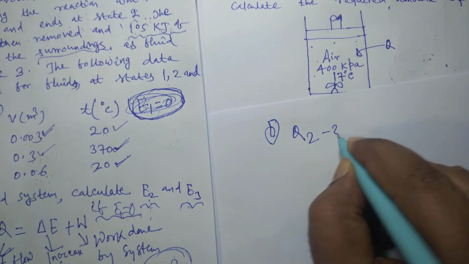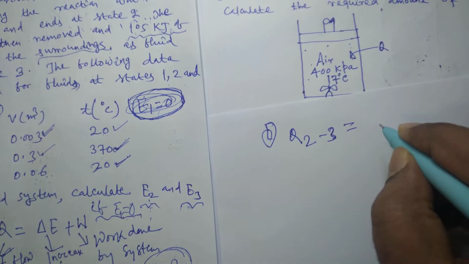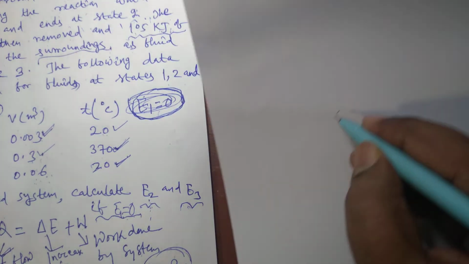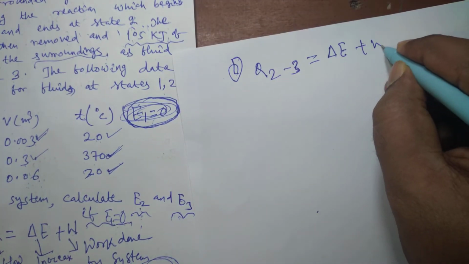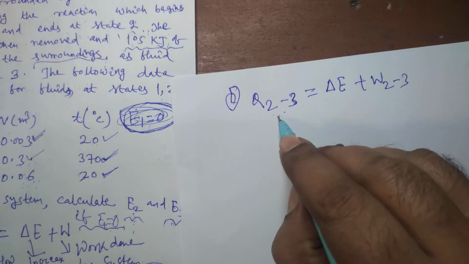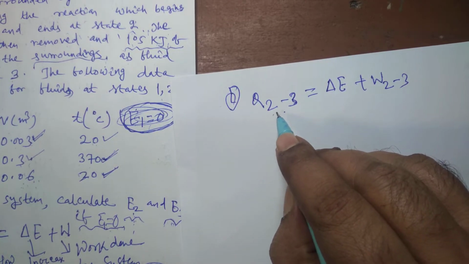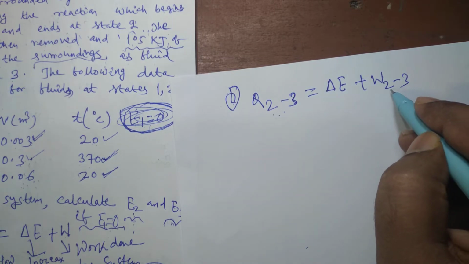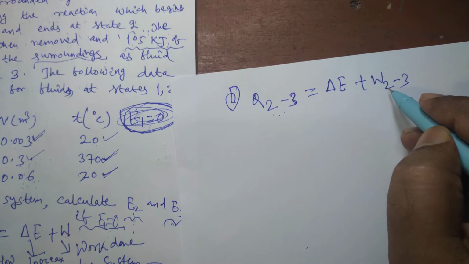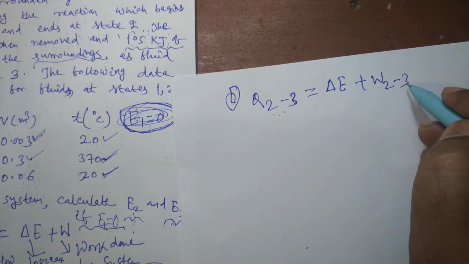The equation is Q23 equals delta E plus W23. Here Q23 is the heat added to the fluid during process 2-3, and W23 is the work done by the fluid when it travels from state 2 to state 3.